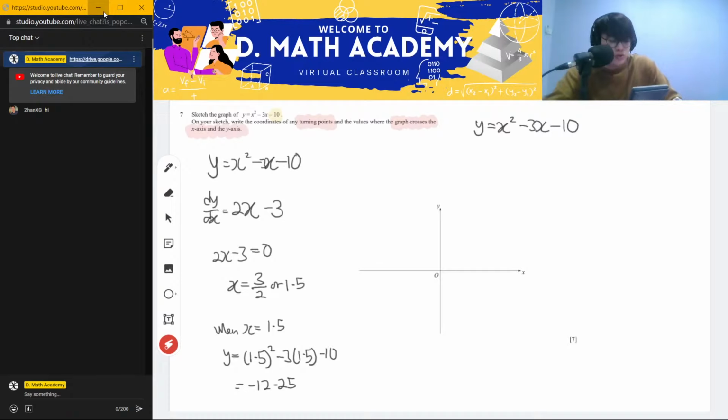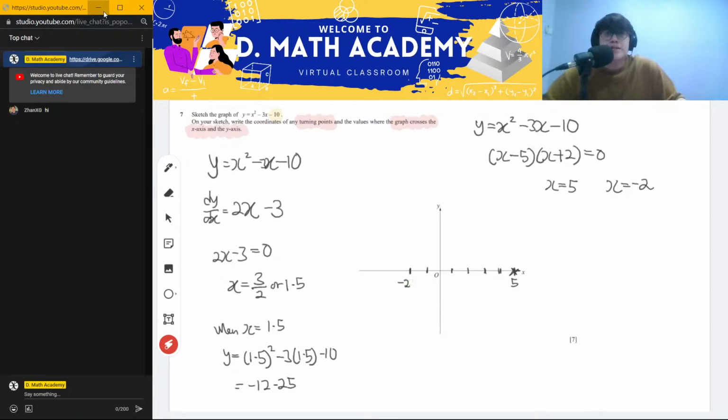You got 2 factors, which are x minus 5 and x plus 2. Make sure you set them equals to 0 so that you know the points where they exactly intersected. So you have 5 here, maybe 1, 2, 3, 4, 5. Our 5 is here. And then our -2 is somewhere around this part.